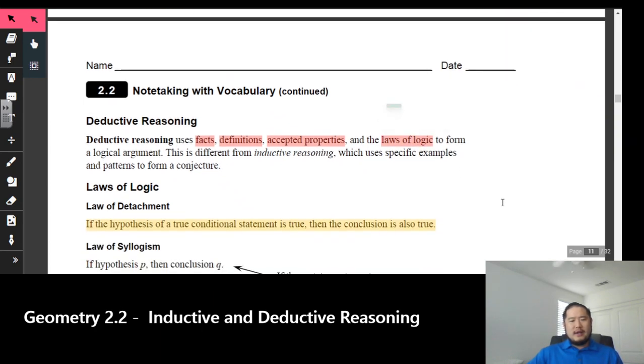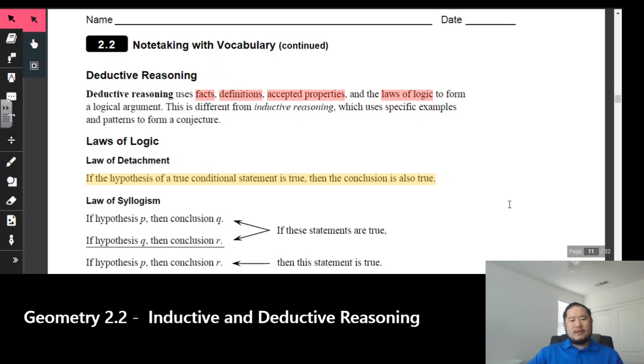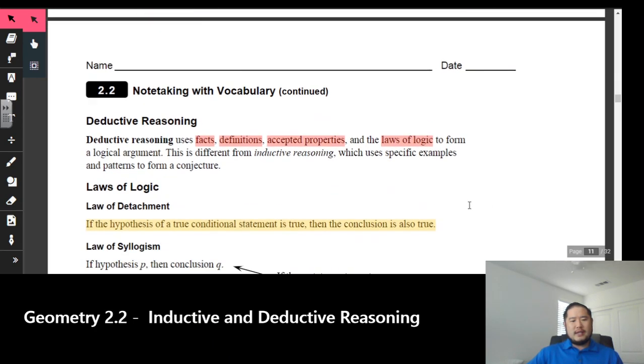As we move down right here, let's take a look at laws of logic. We have two specific laws of logic. The first one right here is the law of detachment. The way the law of detachment works is, if the hypothesis of a conditional statement is true, then the conclusion is true.